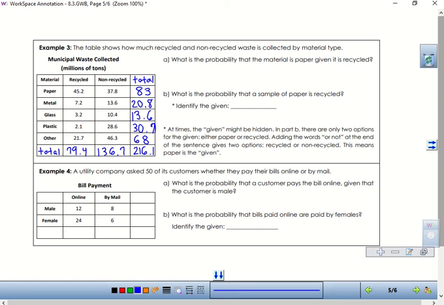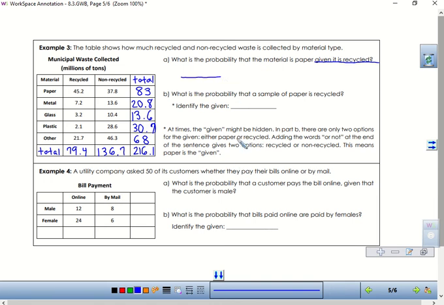So now we're going to go ahead and start calculating some probabilities. What is the probability that the material is paper given it is recycled? Here's a little bit of a tip for you. Whatever they say given is recycled, that is your denominator. So if they don't have it set up in the probability way, that's going to be your denominator.